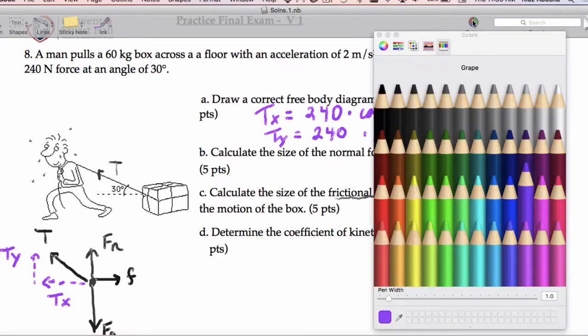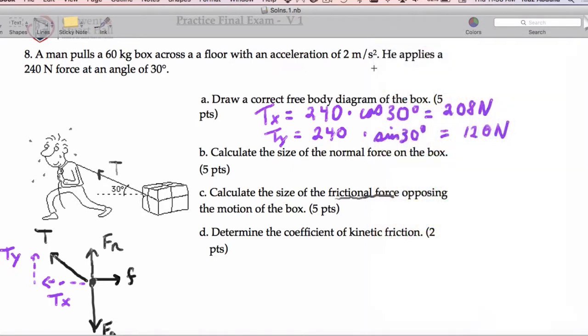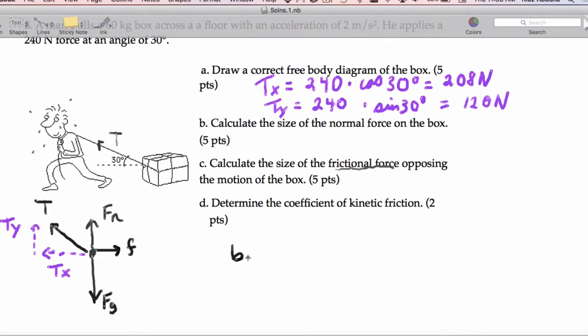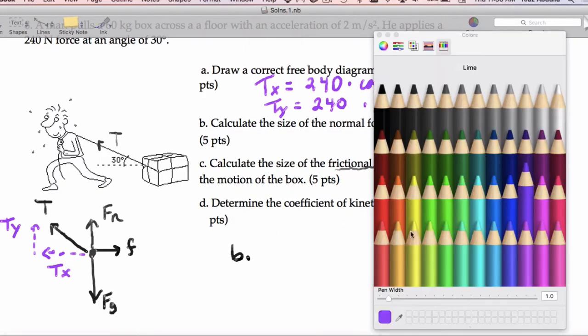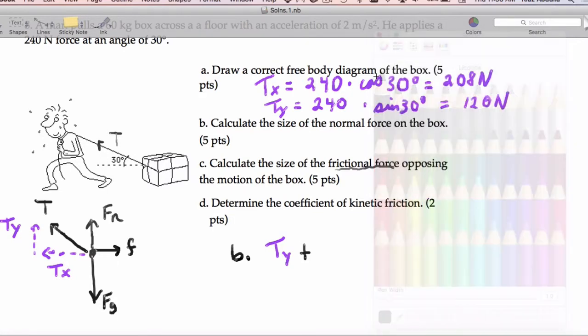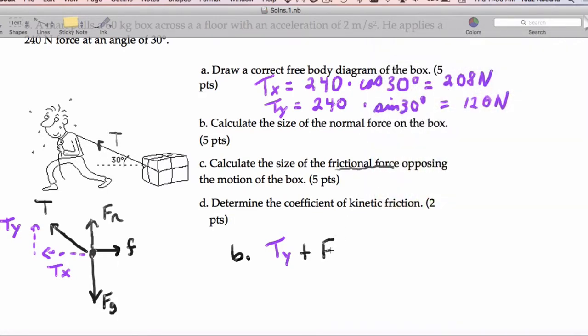Now, for part B, we're going to go ahead and calculate the normal force for the box. And what that means is we need to set up vertical force components. So pointing up vertically, we have Ty pointing up. And we have Fn pointing up as well.